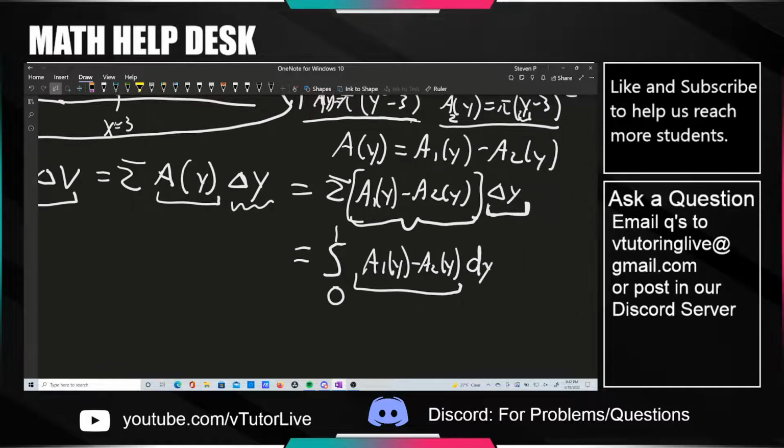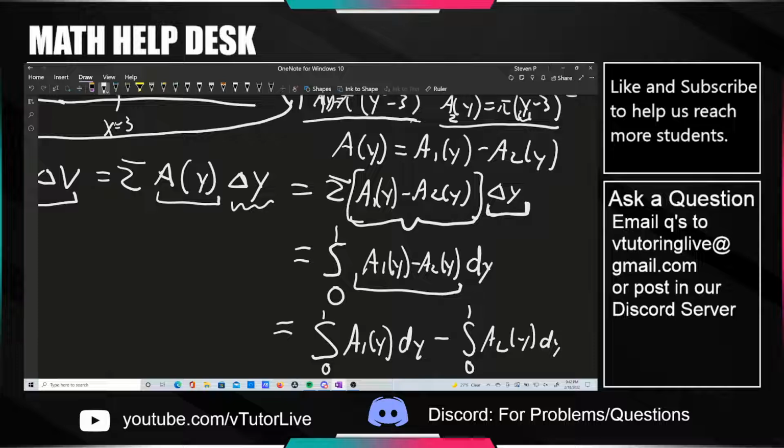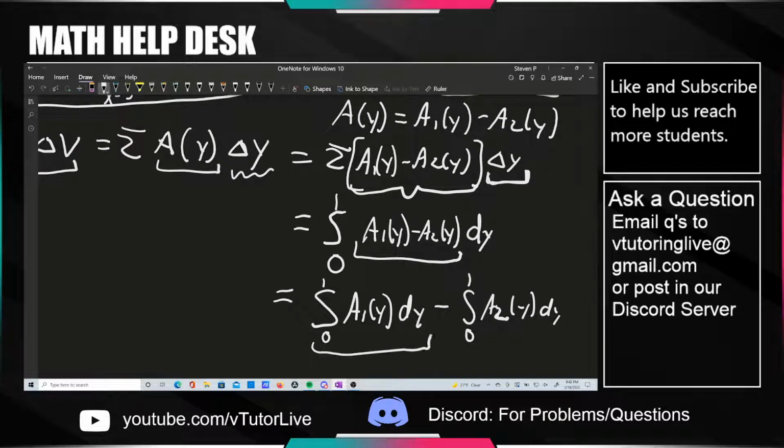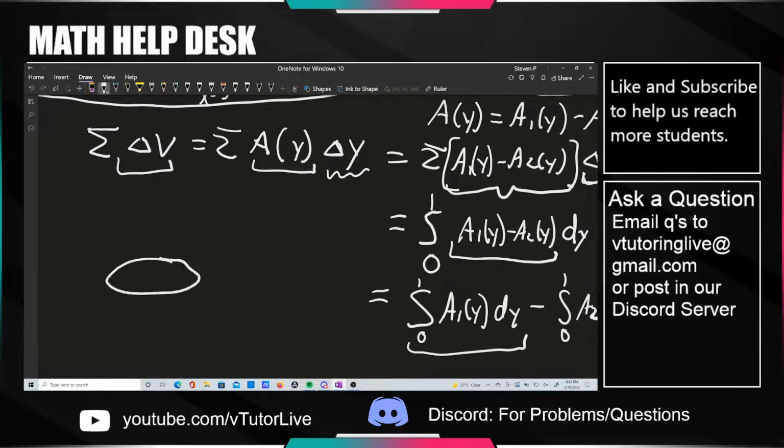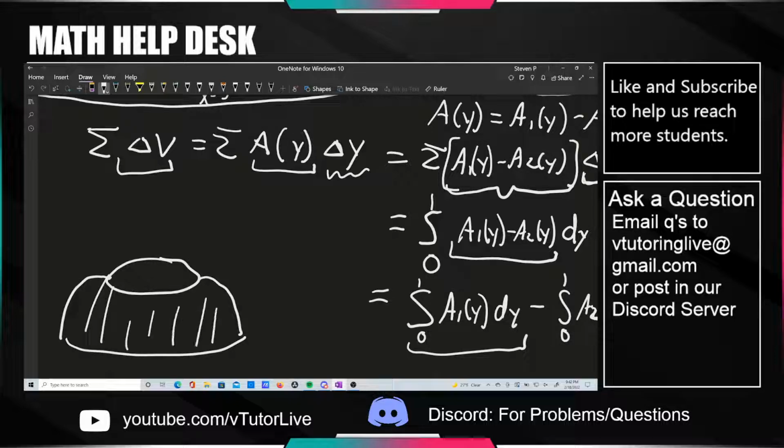You could have also thought of this problem as being two totally separate integrals: A1(y) dy from 0 to 1 minus A2(y) dy from 0 to 1, right? And the physical meaning here is, this would have been the volume for the entire filled-in volcano thing, totally solid, with the boundary condition being y equals root x.